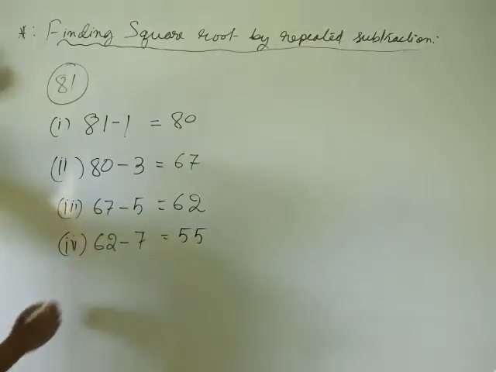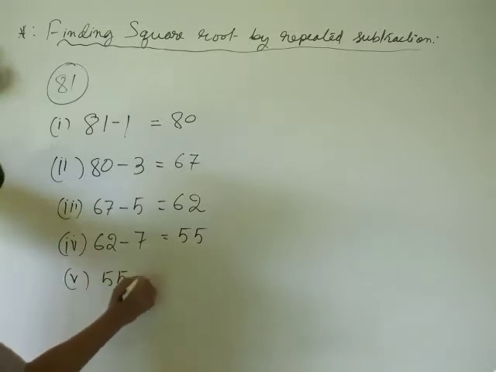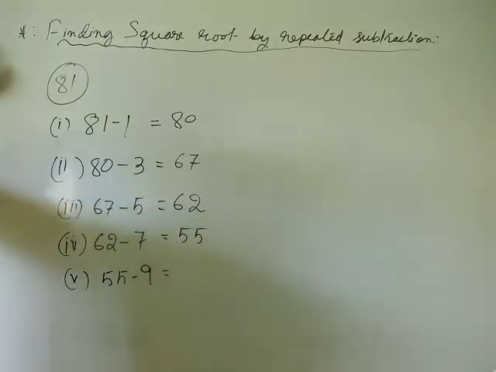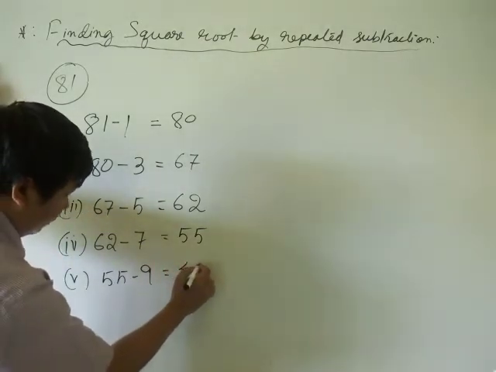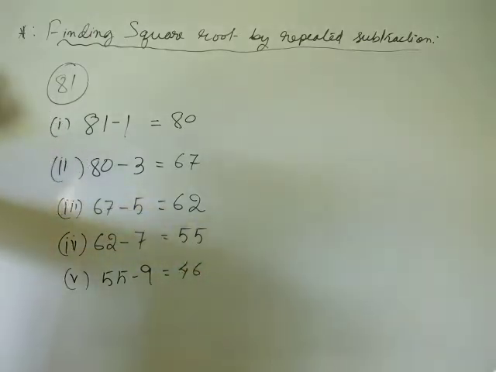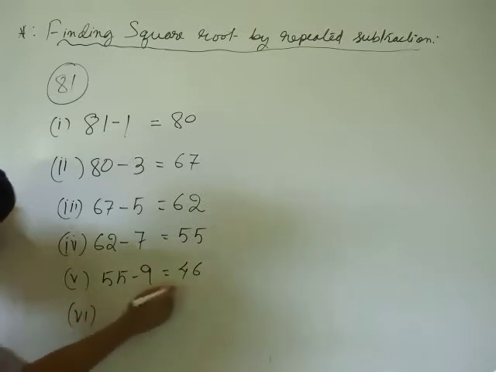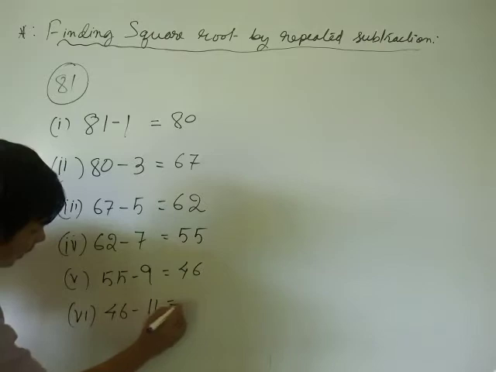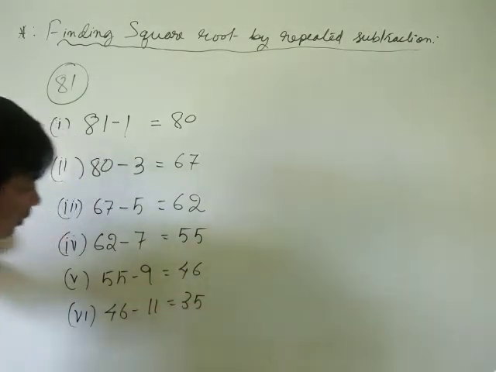Then in step 5, 55 will be subtracted by the next odd number, 9, isn't it? Then we get 46. After that, 46 minus the next odd number, 11. And we get 35.